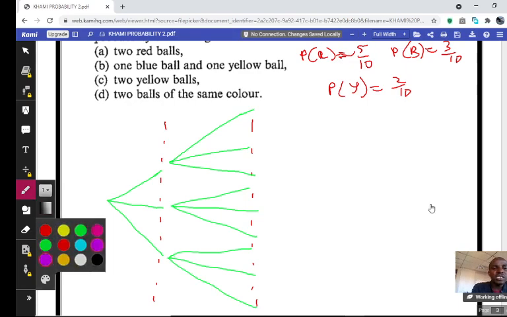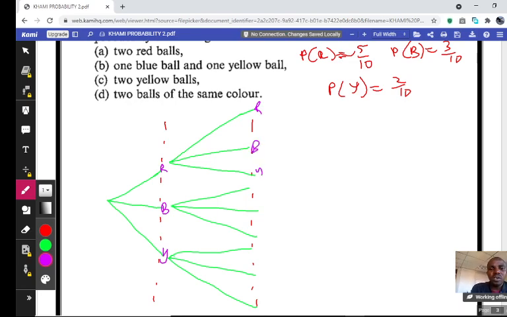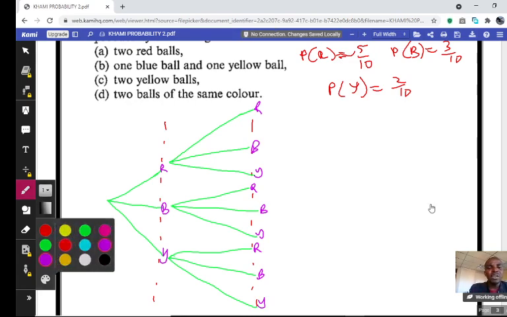Then from this one, I can write here it's red. Then there's blue. There's yellow. You also write red, blue, yellow. Red, blue, yellow. Red, blue, yellow. So something like this. Then filling up the probabilities.